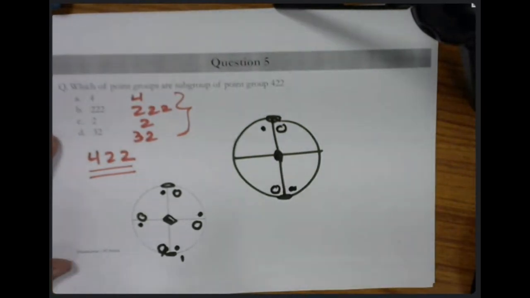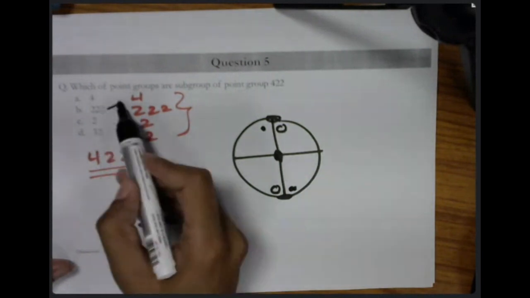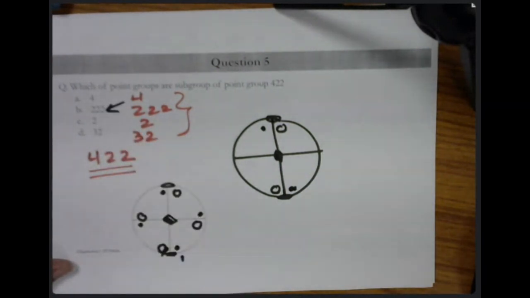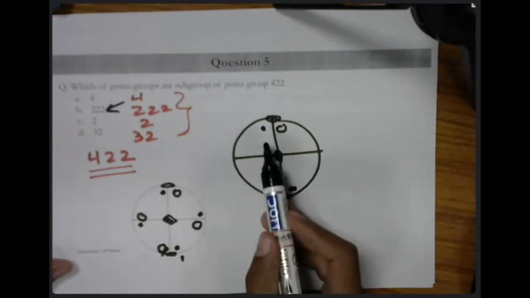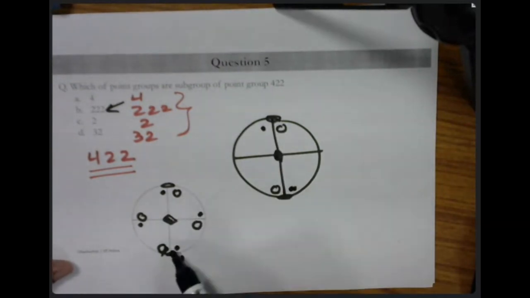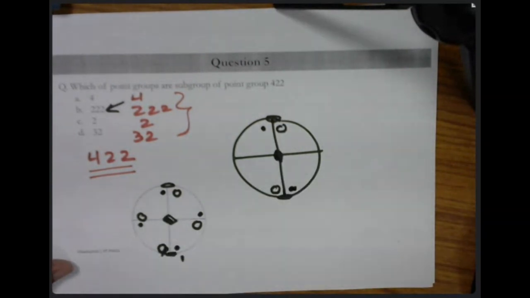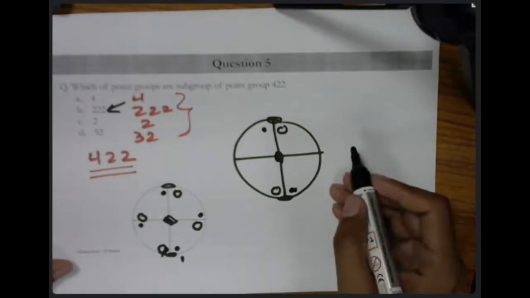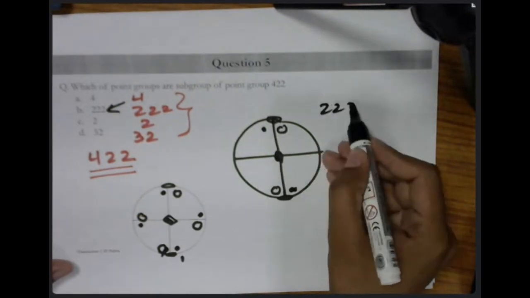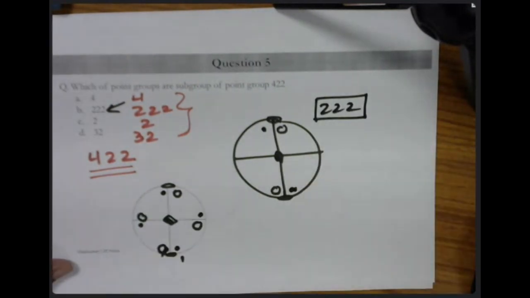So what we can see is that if we talk about the 222, all the points which the fourfold was having, considering the starting point to be the same, are exactly the same. They are at the exact same location. So 222 is surely a subgroup of the 422.